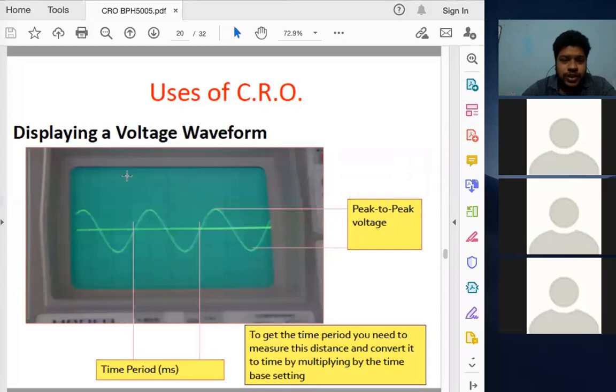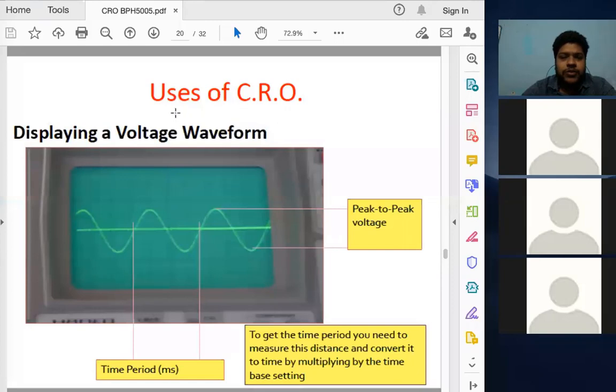So now you see this is the screen. You must have seen it before in some of the experiments. The screen is divided into different blocks, with horizontal and vertical lines. From that you can see a signal.